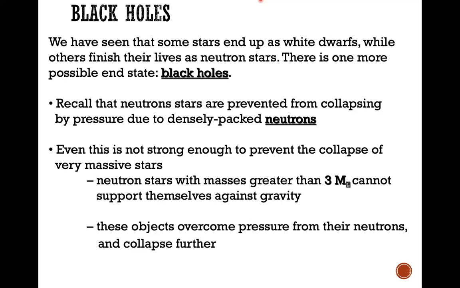So once again, when a neutron star has a mass greater than 3 solar masses, the core of the star, which generates the neutron degenerate pressure, cannot support against the gravity because of the higher mass. Then the whole star will continue to collapse because the neutron degenerate pressure cannot stop it, right?